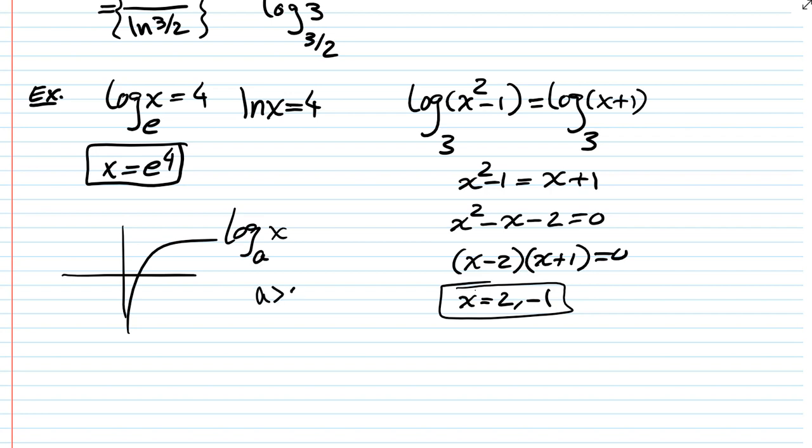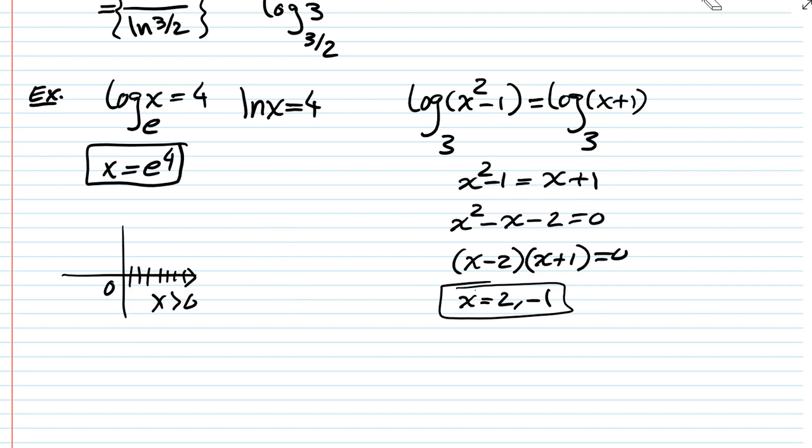Suppose a is positive, so it looks like this. The domain of the logarithmic function is x has to be positive, regardless of whatever the valid base is. Base could be greater than 1 or between 0 and 1. In either case, the domain has to be positive because we cannot process 0 or negative values for the log.